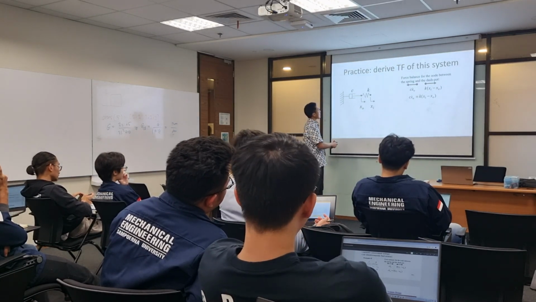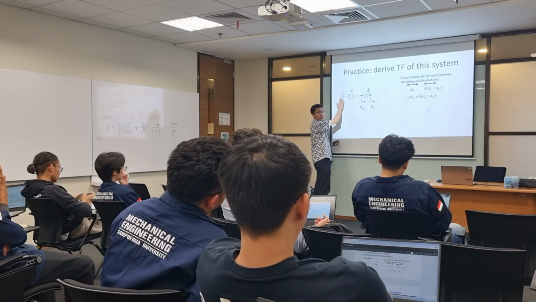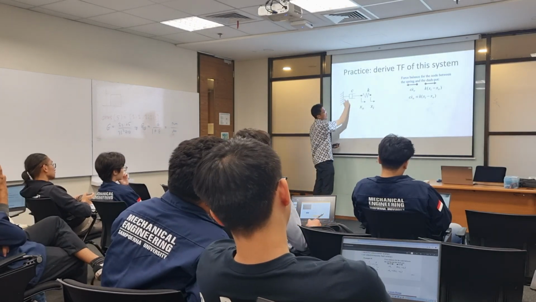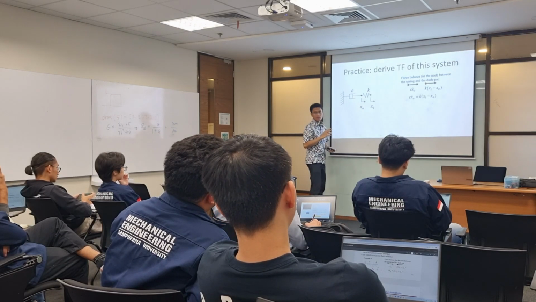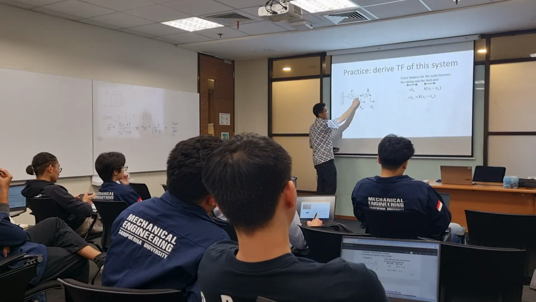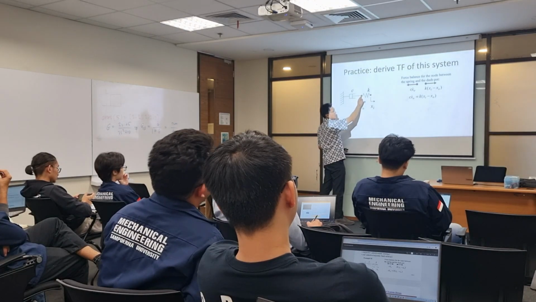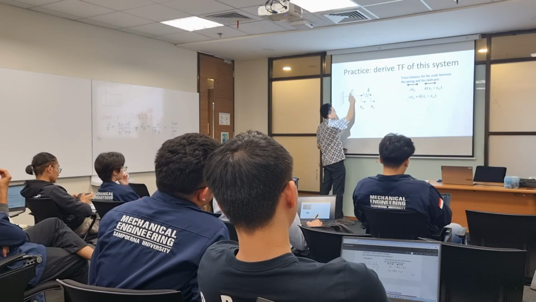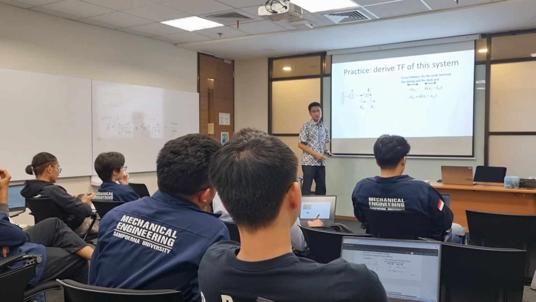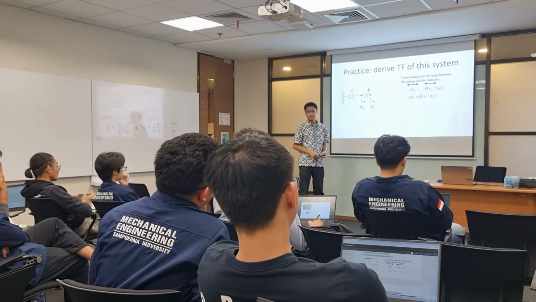This point is stationary. We want to know what is the force created from the damper when the velocity is x dot. We know already that the force coming from the damper is just c times x dot.